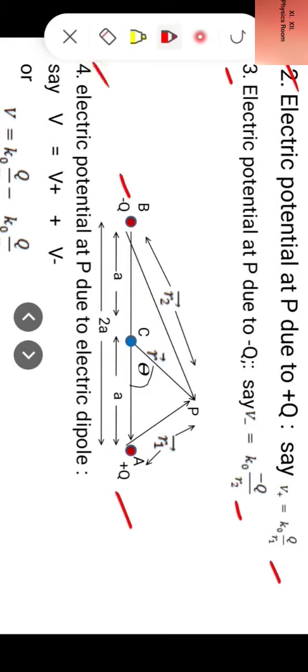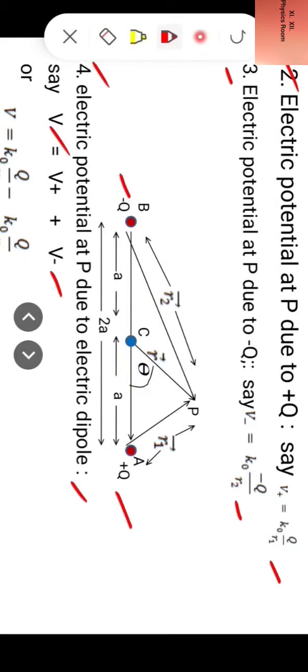Now at the fourth step we calculate electric potential at P due to the electric dipole. Since we know electric potential at a given point due to multiple charges is equal to the algebraic sum, therefore if V is the electric potential at P, then V is equal to V plus plus V minus.